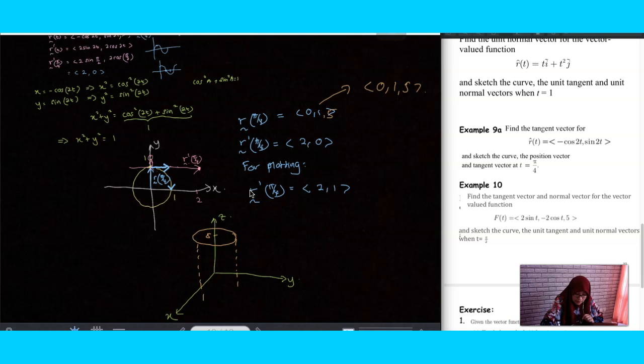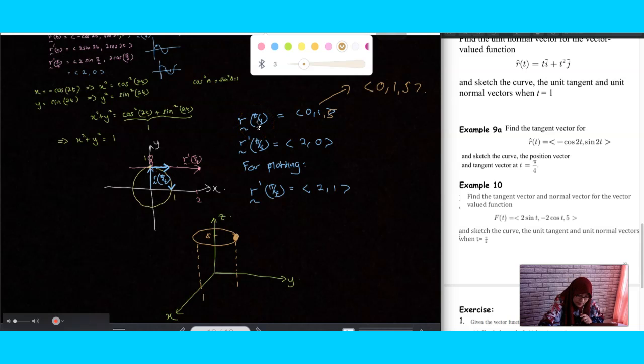And this is your point in 2D. So where is the point here in this 3D? So y equals 1 is supposed to be over here, because z is always equal to 5. So then how can you label the position at t equal to pi over 4?